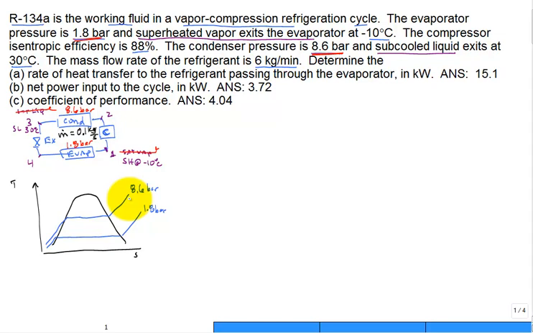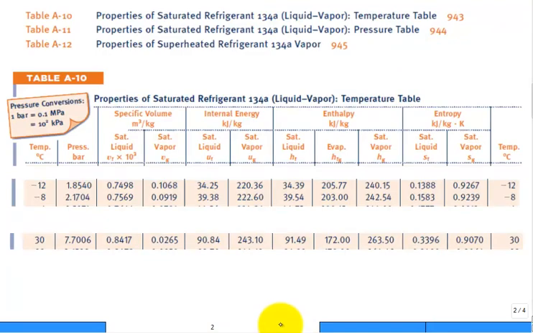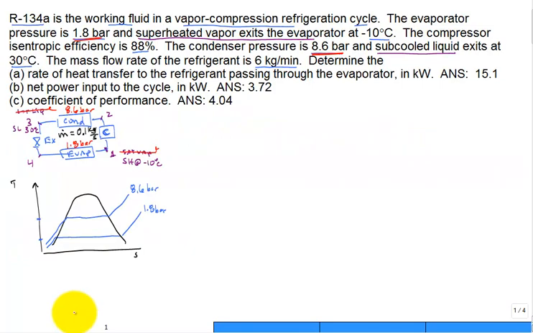If you wanted to, you could go and look for the saturation temperatures for both of those, which we can find later. But let's do it right now. 1.8 bar, if we come over here, is around -12 degrees C. So you could put in here, this is like -12. I know it's not precisely -12.